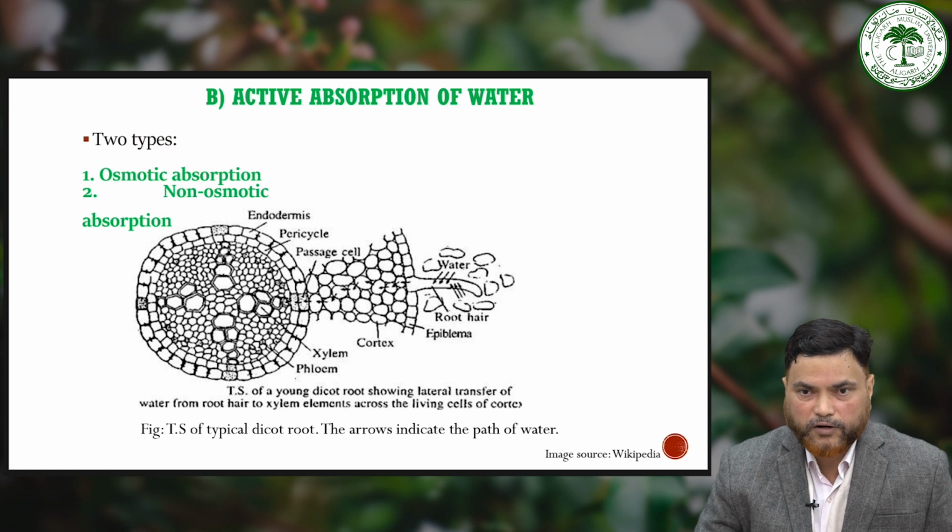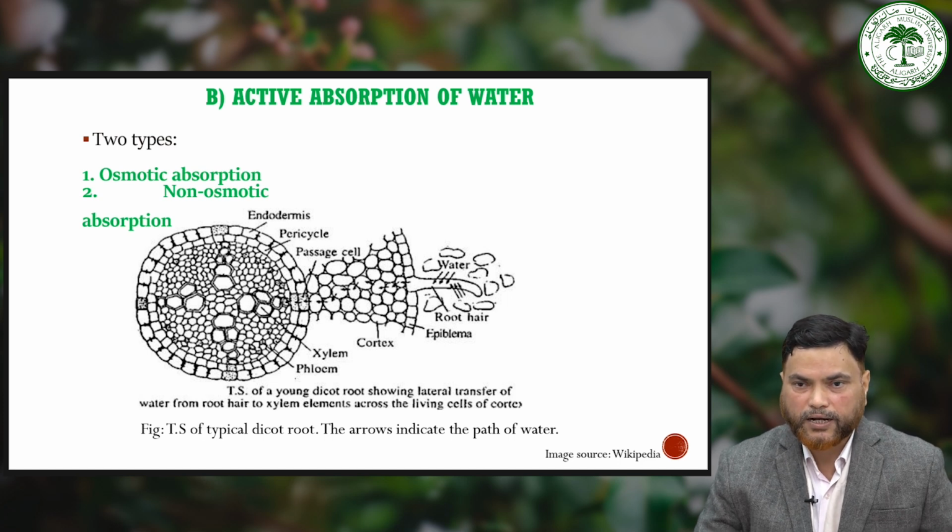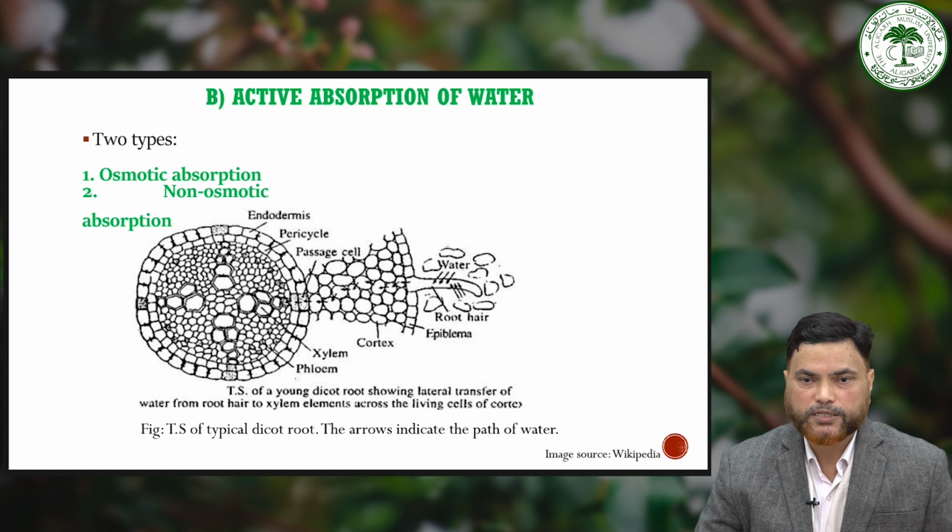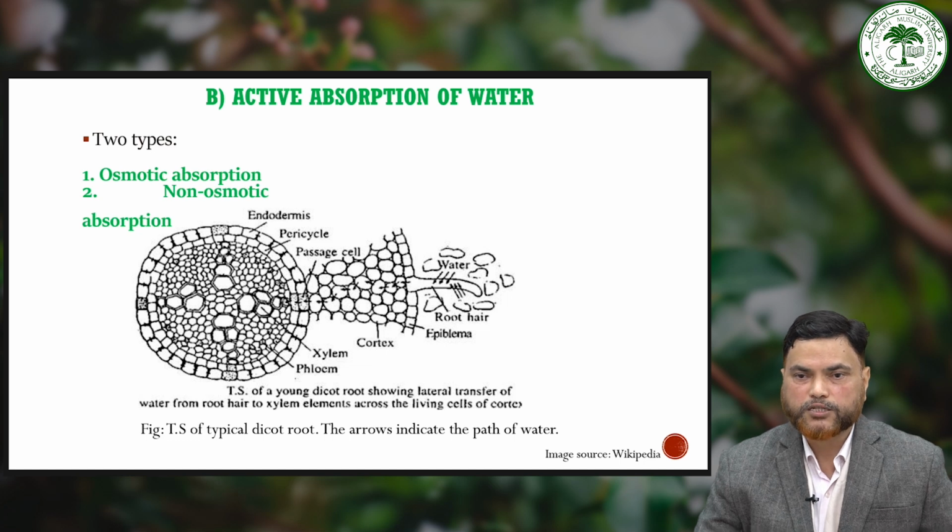There are plant physiologists, namely Bennett and Clark, Thimann, Bogen and Prell, who proposed that the additional energy required to absorb water against the water potential gradient is provided by cellular respiration.